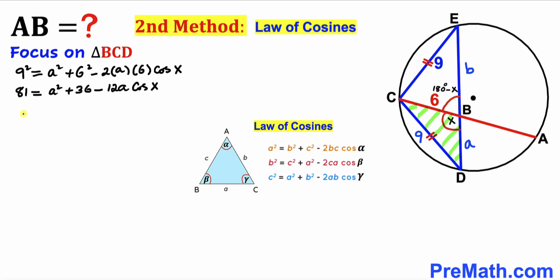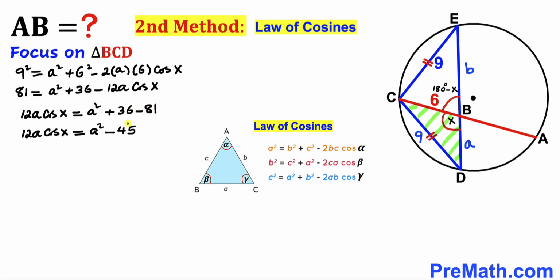So therefore, we can write 12 times a times cosine of X equal to a squared plus 36 minus 81.